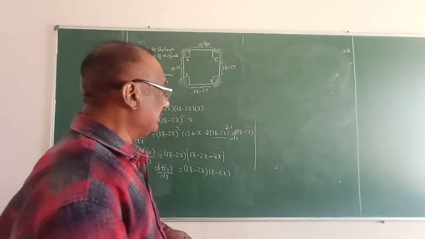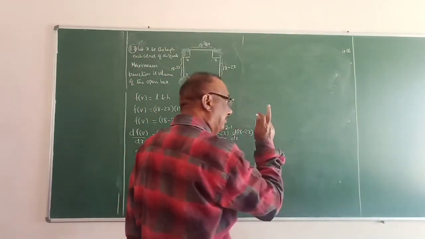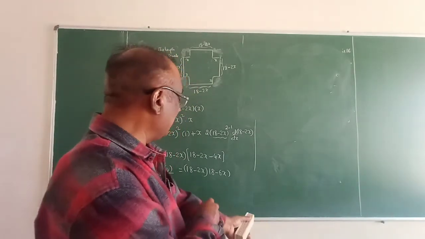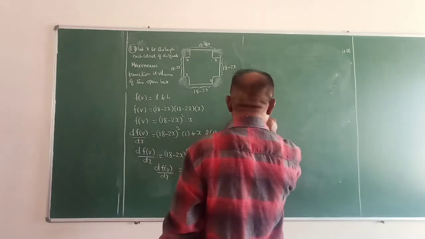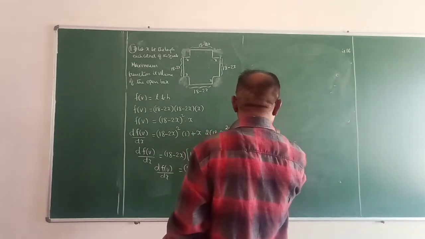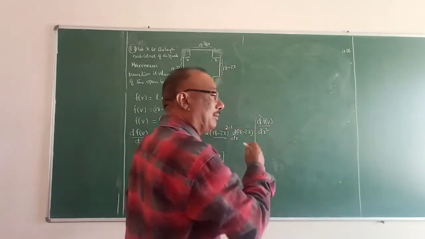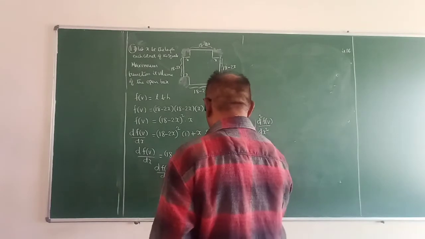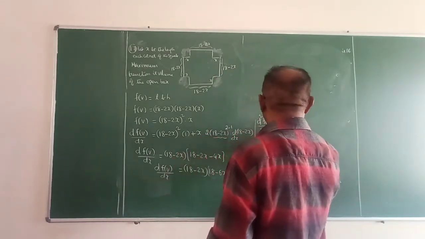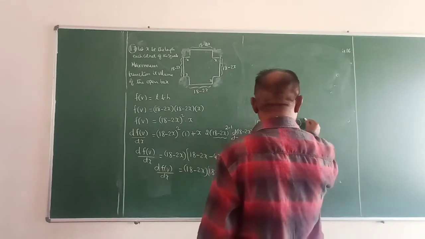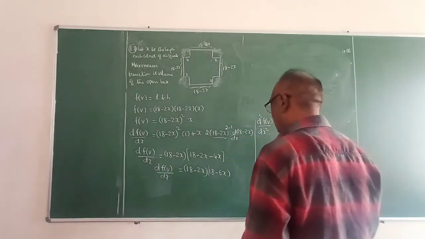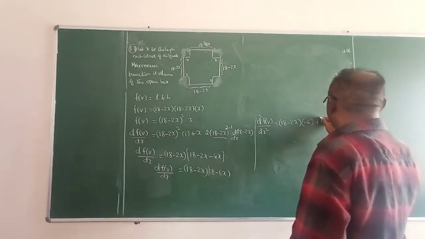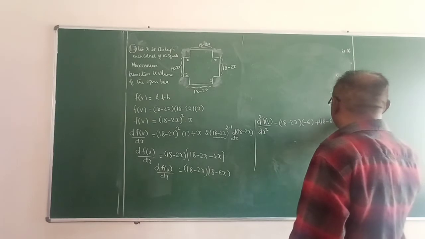Okay? Alright, for the second time derivative, it is compulsory: for a maximum we need a negative value. So you can see d square f of b by dx square. In examination also write this, because it is a 6 mark question. u into v formula: 18 minus 2x is the first function, 18 minus 6x is the second, and its derivative is minus 6. Next, the derivative of 18 minus 2x is minus 2, right?